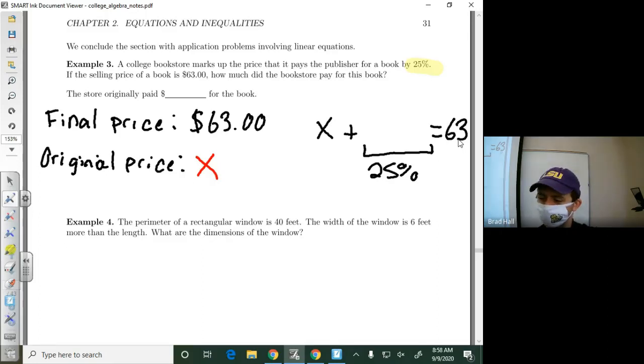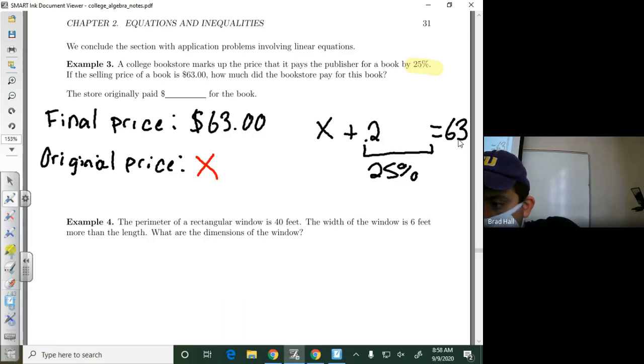So algebraically, what does it mean to find 25% of something? This is when you move the decimal place over.